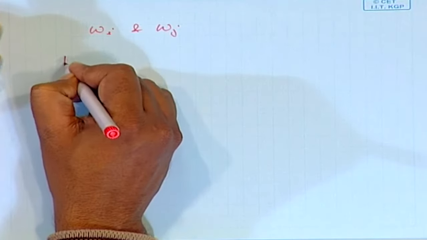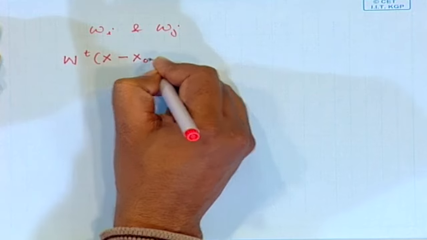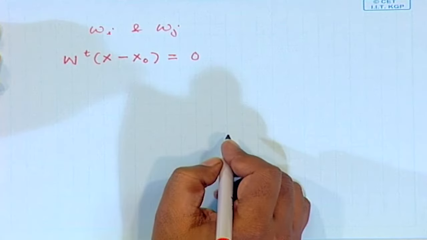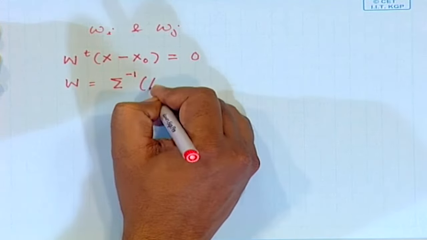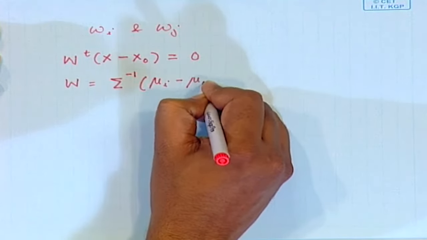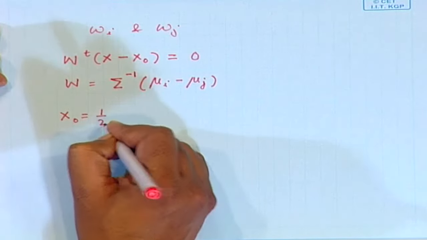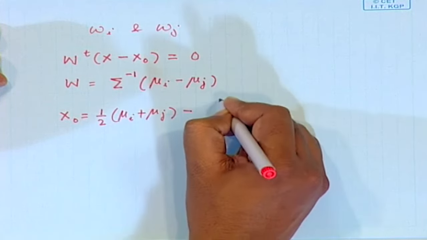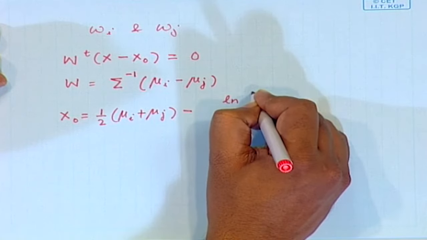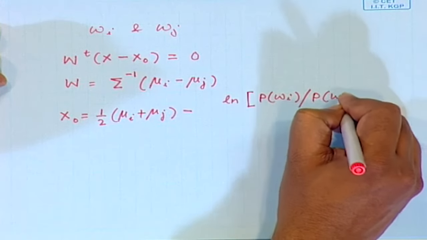And if I follow the same steps, again the equation will come in the form w transpose (x minus x_0) is equal to 0, where this w is given by sigma inverse into (mu_i minus mu_j), and x_0 is given by half of (mu_i plus mu_j) minus log of P(omega_i) upon P(omega_j), with the appropriate scaling factor.